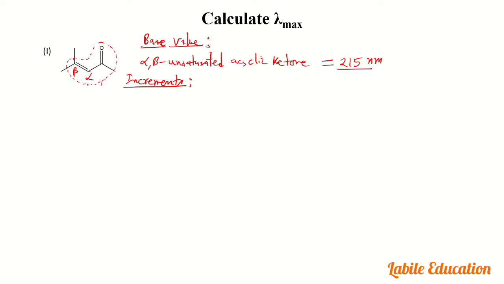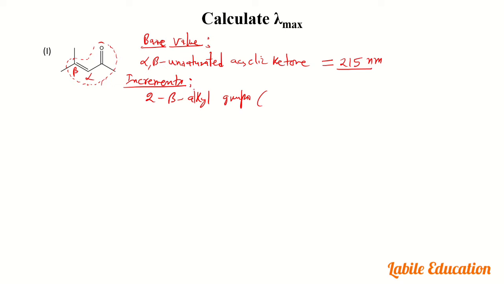And this alpha beta unsaturated double bond is also contributing in the base value. Now other things will contribute in the increment. There is no alpha alkyl or ring residue, but at beta there are two alkyl groups. So two beta alkyl groups, because these are at the beta position.